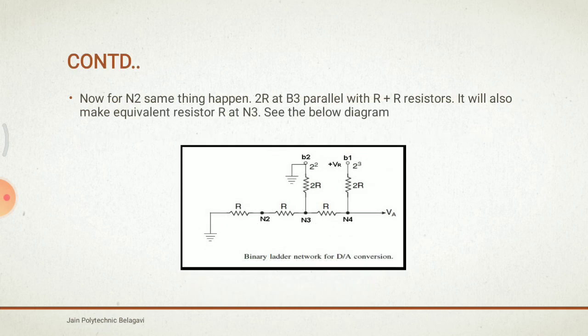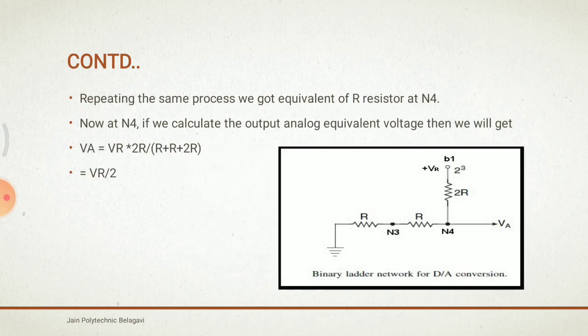Now at N2, the same thing happens: 2R at B3 in parallel with the R plus R resistor also makes the equivalent resistor R at N3. You can observe this diagram here. Repeating the same process, we get the equivalent resistor R at N4.